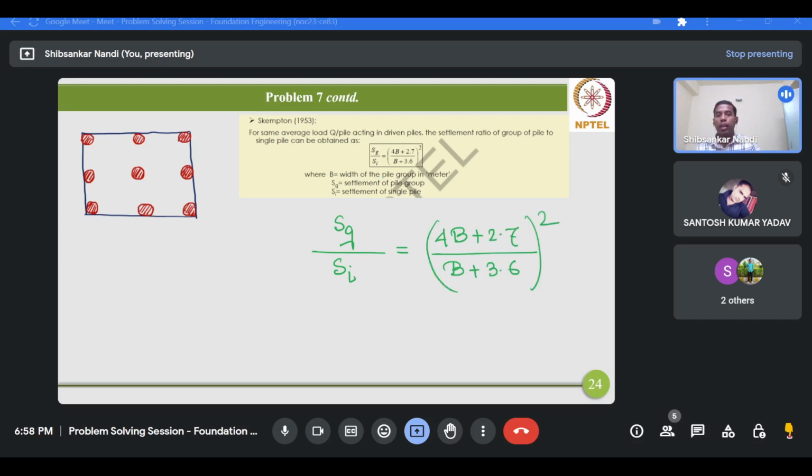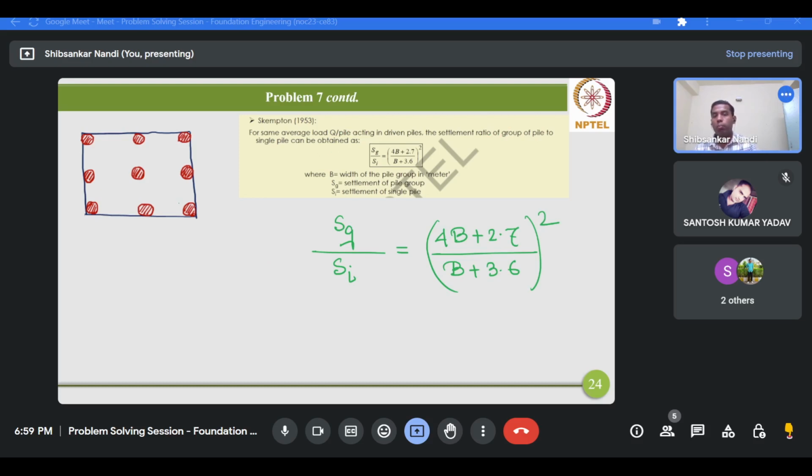And please keep in mind, you can apply this method when the same average load is acting on all the piles in the pile group. Only in that case can the settlement ratio of a group of piles to a single pile be obtained in this fashion. Okay. Now what is B?